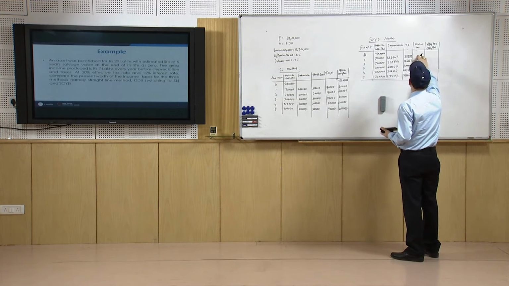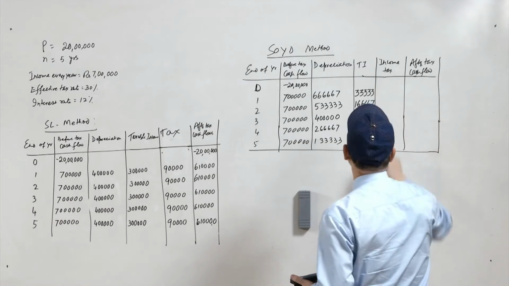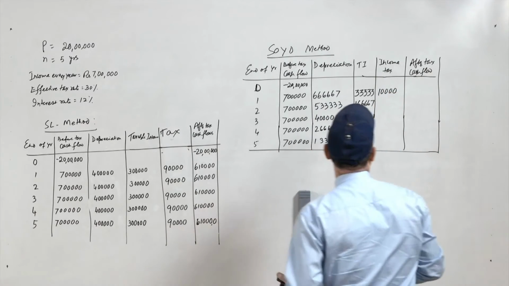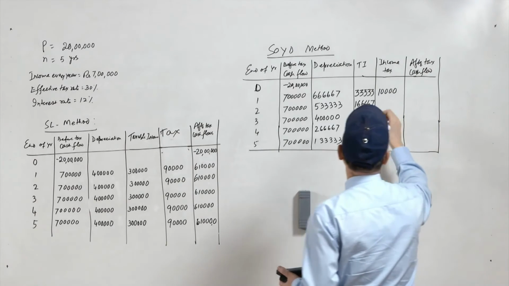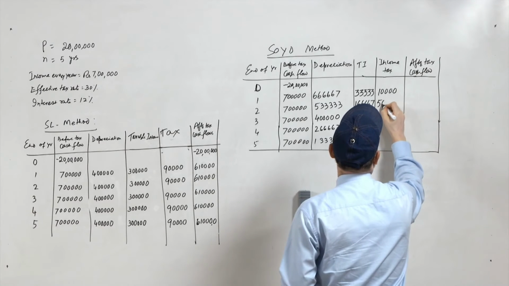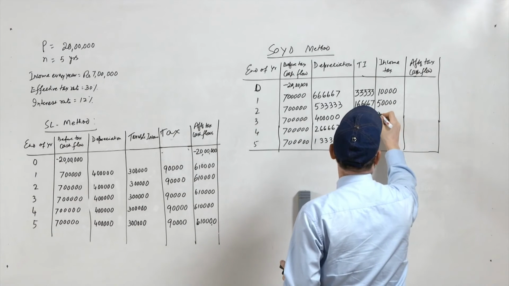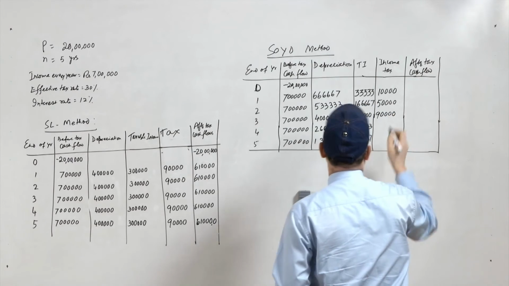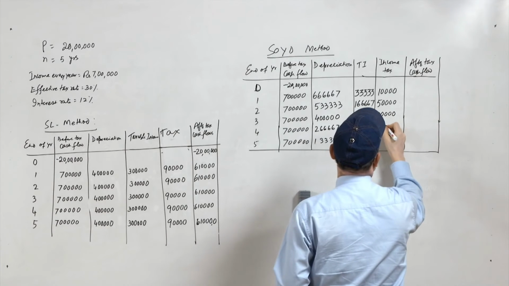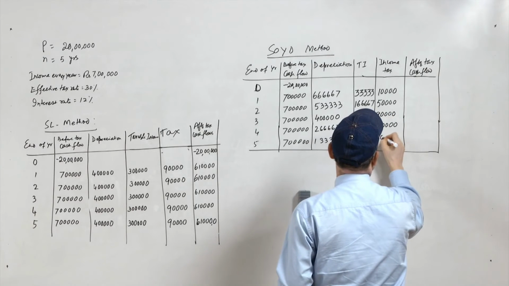Then you have to find the income tax. The effective tax rate is 30%, so 30% of these amounts will be 10,000, 50,000, 90,000, 1,30,000, and 1,70,000.